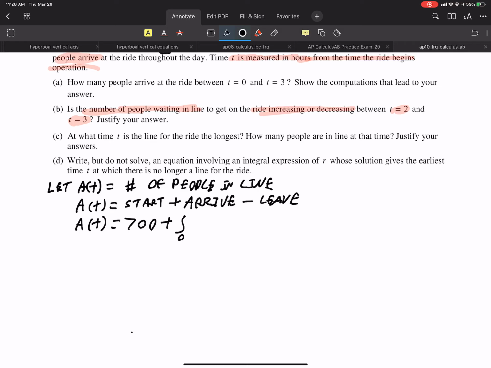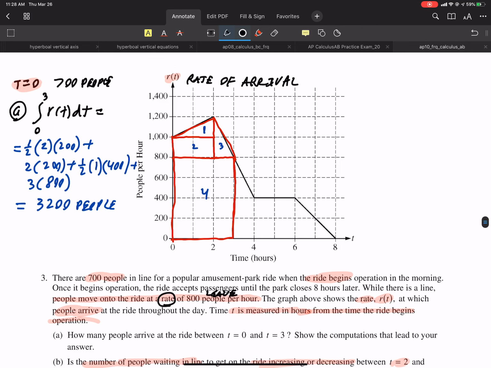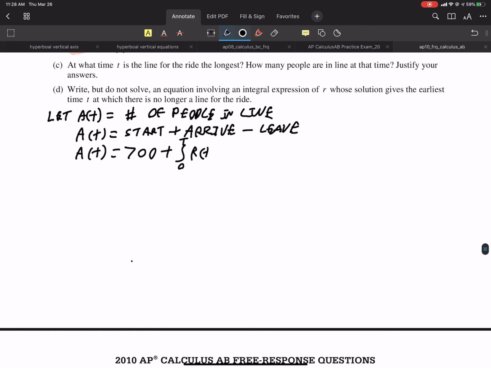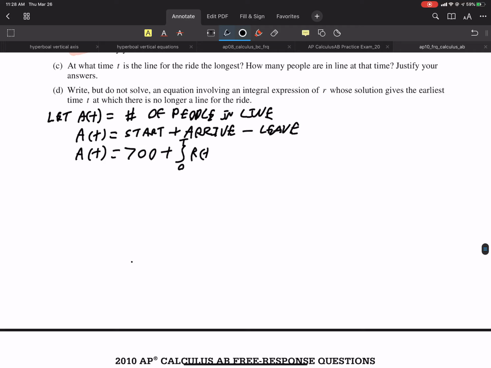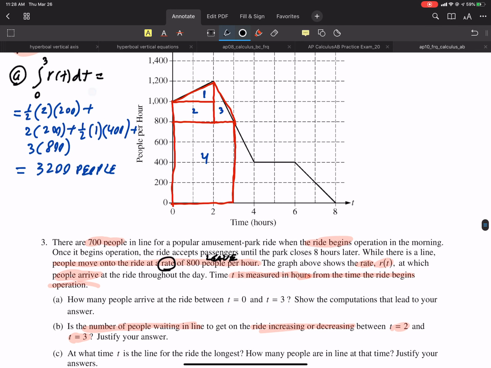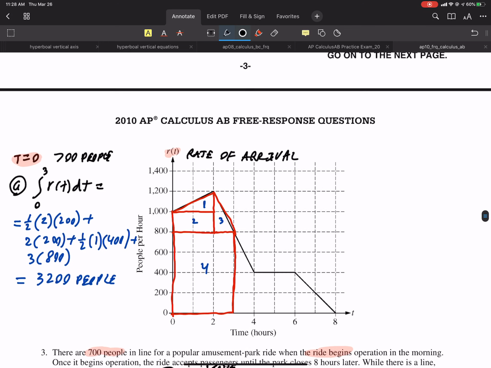If you integrate the rate of arrival, and that is R of t, but we already have t used, so we have to pick a different variable. We'll call it x, and you integrate the rate of leaving, but we are told right here the rate of people leaving is 800.